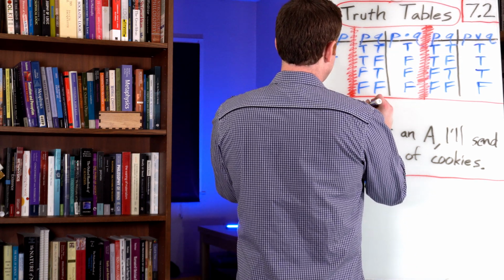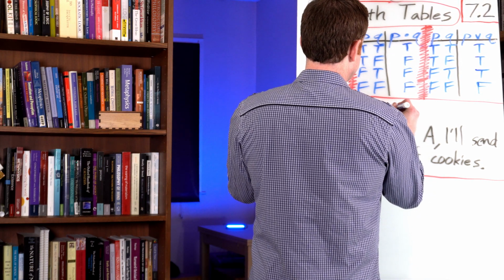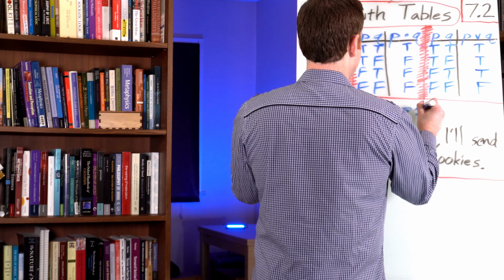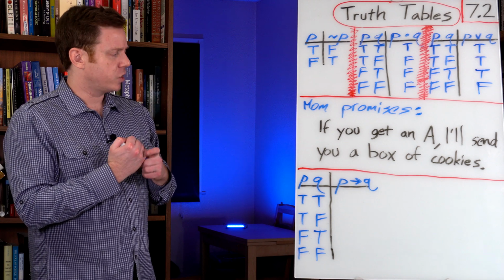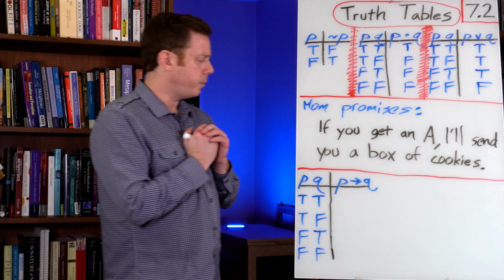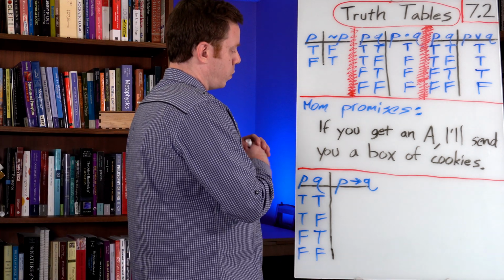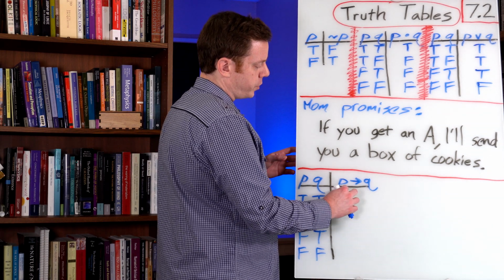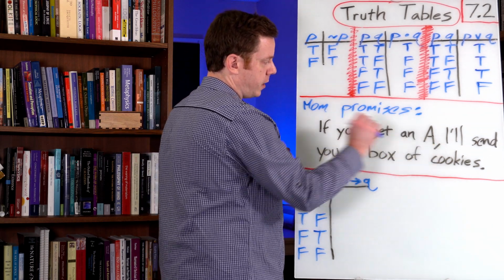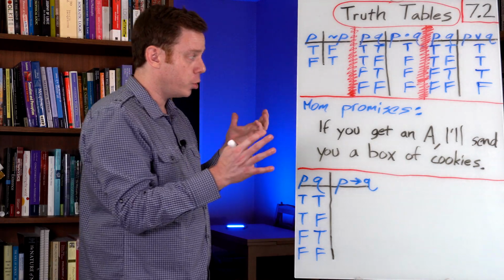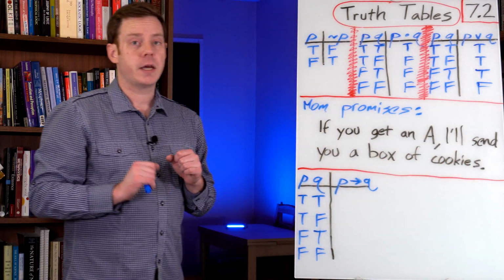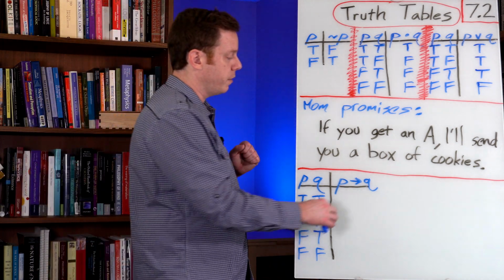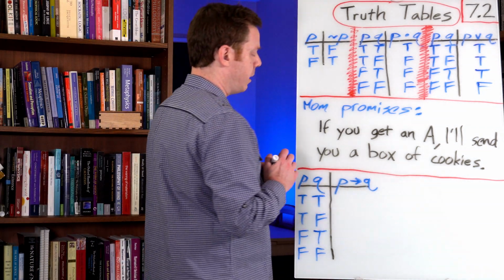In fact, imagine mom promises this. Mom promises to you, if you get an A, I'll send you a box of cookies. Well, is this conditional? So the P will be you get an A. Q is going to be mom says, I'll send you a box of cookies. What is the truth value of this given each scenario?